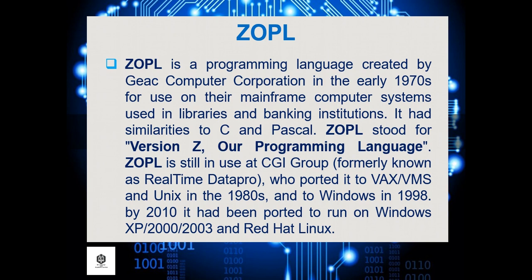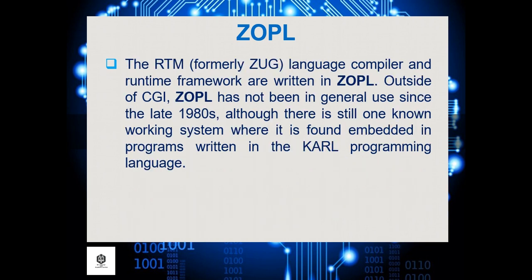ZOPL is still in use at CGI Group, formerly known as Real-Time Data Pro, who ported it to VAX VMS and Unix in the 1980s and to Windows in 1998. By 2010, it had been ported to run on Windows XP, 2000, 2003, and Red Hat Linux.